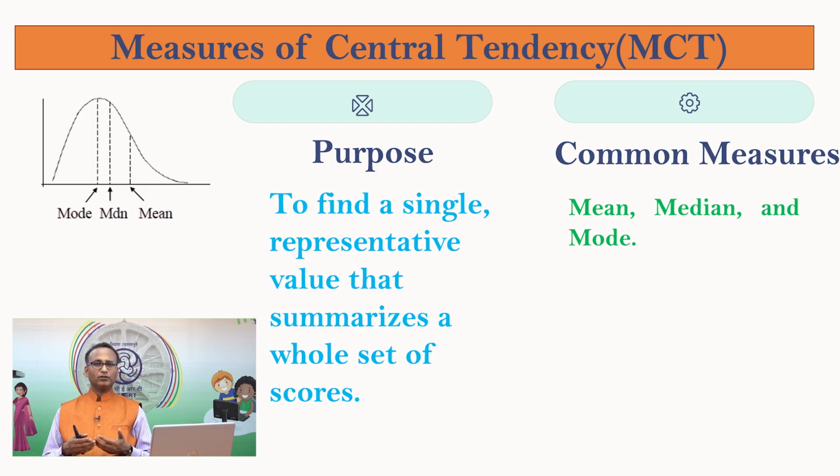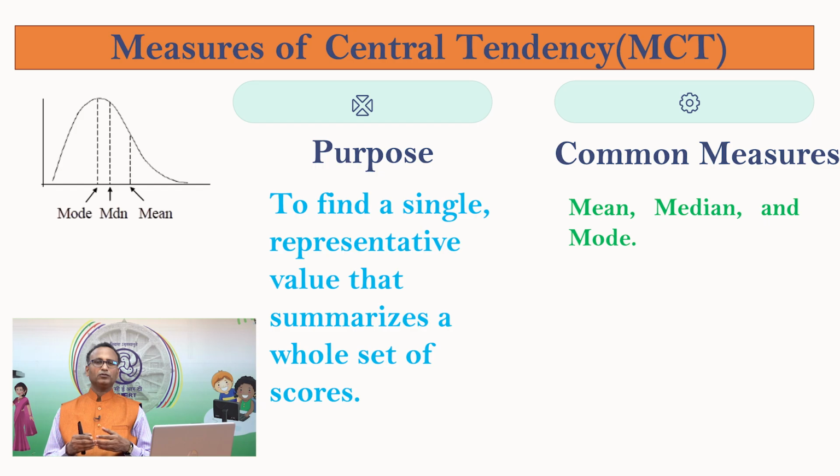Then you have to think of a particular numerical value that can explain the entire group, because central tendency is mainly useful when you want to find a single representative value of an entire group. For example, you have collected data from 200 students about their achievement.